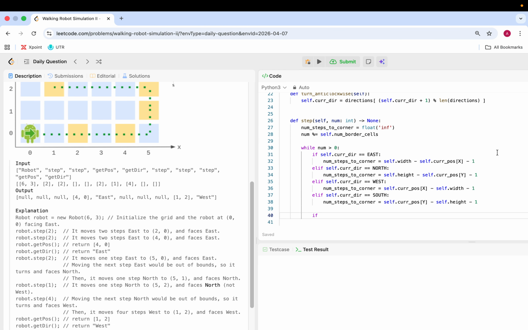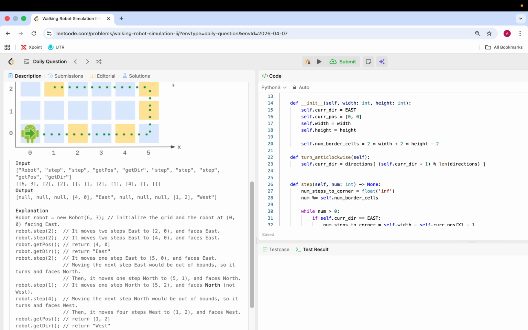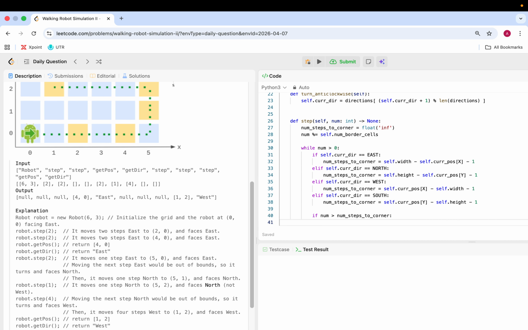I didn't think of that. If number steps is greater than num steps to corner, I'm not going to write this very well, I can't really tell. If the number of steps I have to do total is greater, then I just have to change direction and move to that corner. But I already forgot which corner to move to.